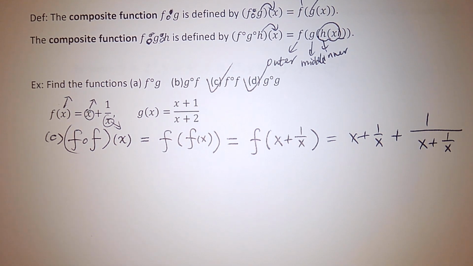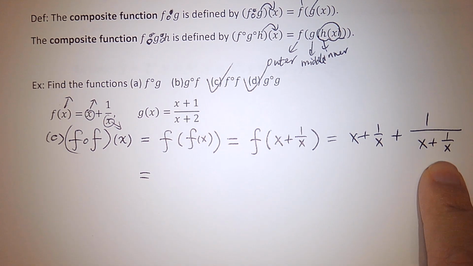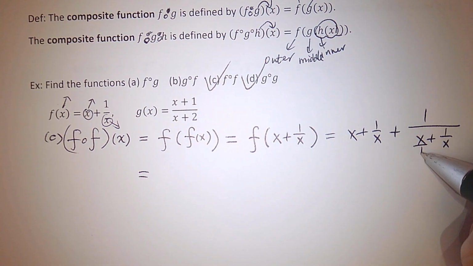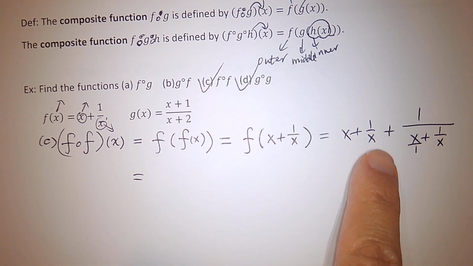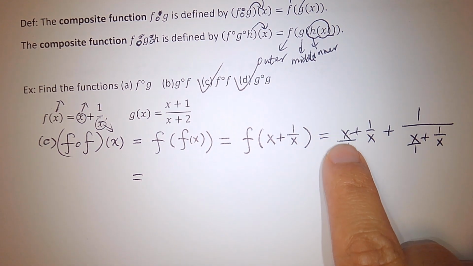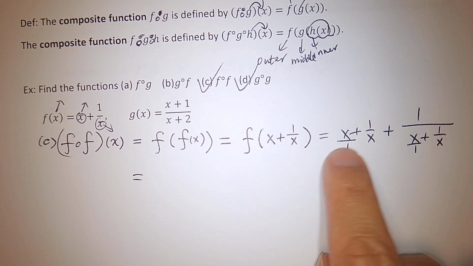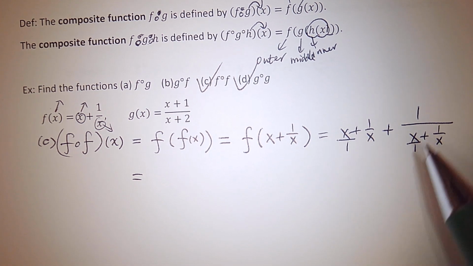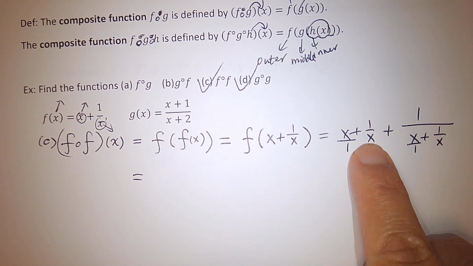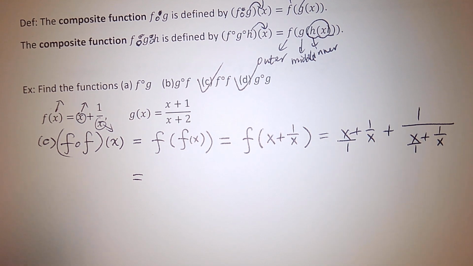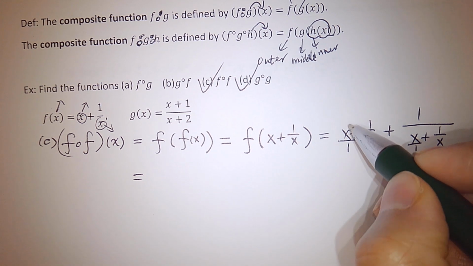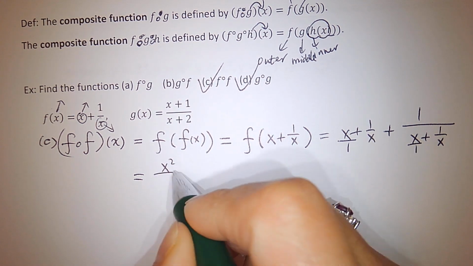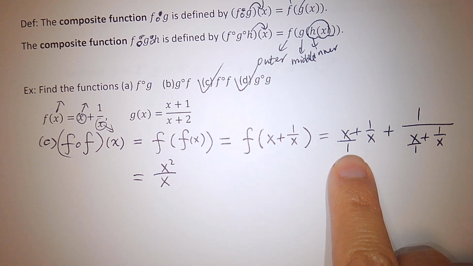Can we simplify it a little bit? We don't have to simplify it that far, but we can do something. So x can be written as x over 1, right? And how to combine these two terms, can we? It's not just x, because one has a denominator and x over 1 is the other. How to combine them? Common denominator. So we multiply x to the top, giving us x squared, divided by 1 times x, which is x.